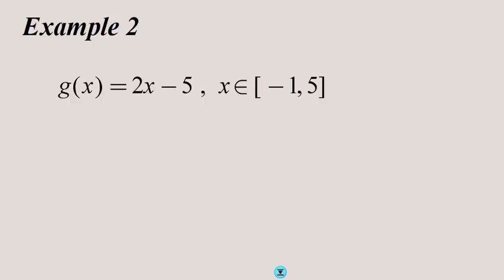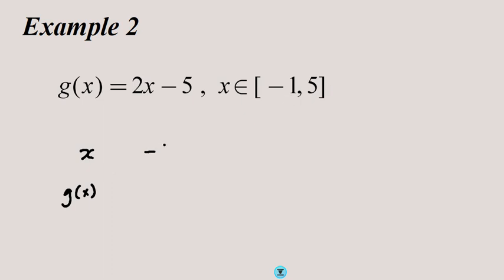And if we take another example, let me call the function g in this case. g of x is equal to 2x minus 5. But I'm specifying that my domain must be between -1 and 5. So if I take values of x to calculate the corresponding values of g of x, I cannot go below -1 and I cannot go above 5.